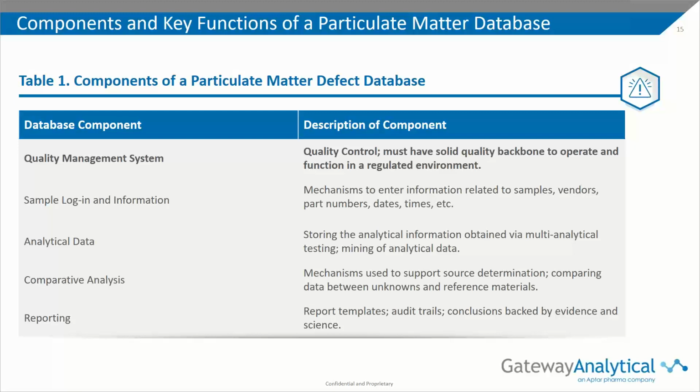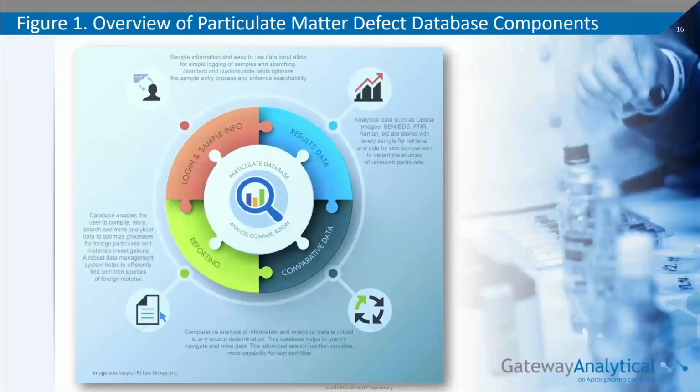We want to have some degree of templates, some customization of those templates, but also the ability to have audit trails, so that our conclusions are based on our scientific data. So we'll take an example, and I'll show you an example of each of these here in just a second. But again, here's just an overview of the process.